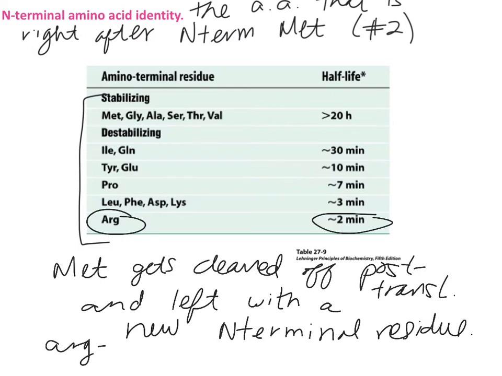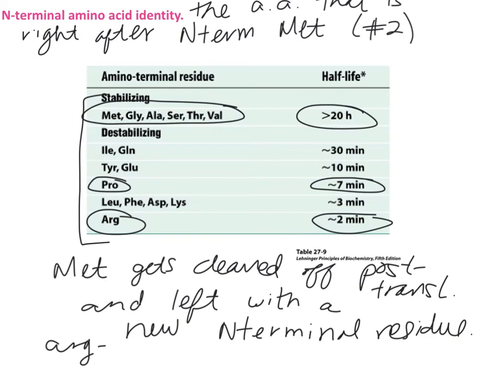Proteins that I worked with when I was in graduate school had a proline as the N-terminal residue, and again, these also had really short half-lives in the cell, 7 minutes. And then there's some proteins that last more than 20 hours, but I think hemoglobin is one of the longest lasting, it's not targeted for degradation, and I think it lasts up to a week.